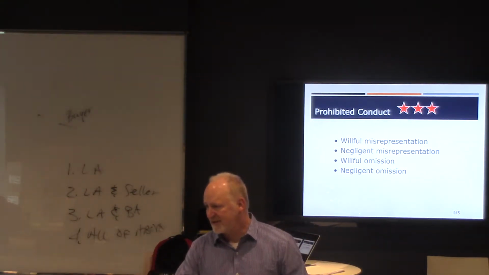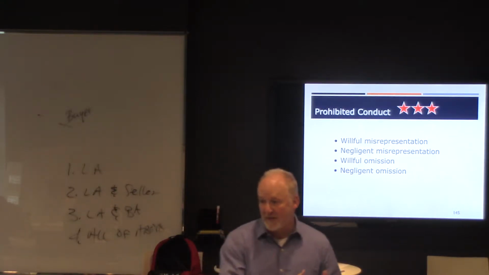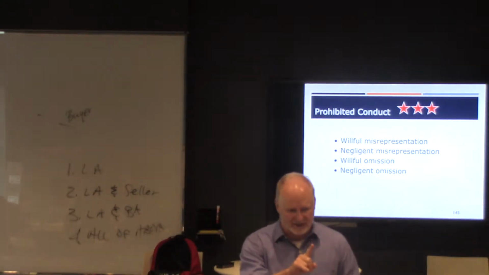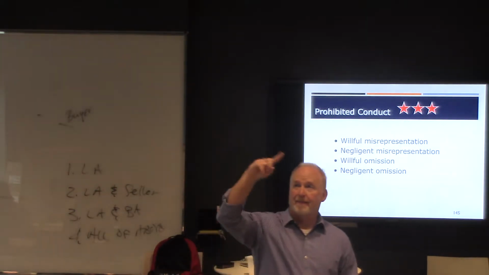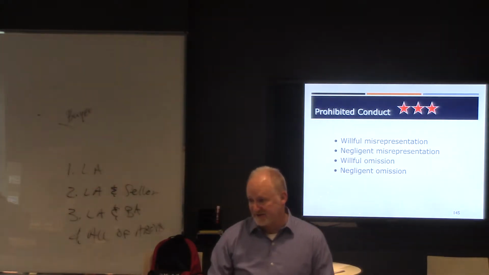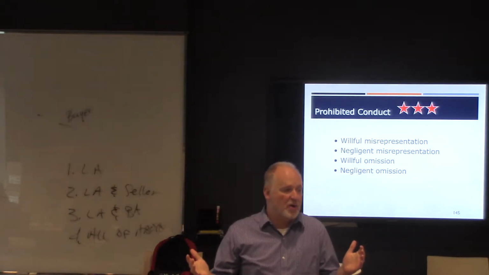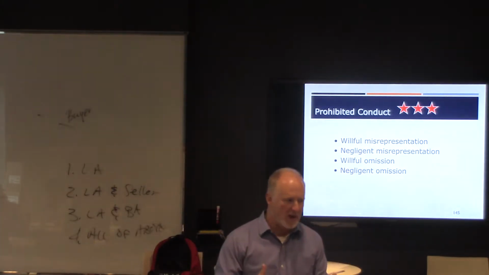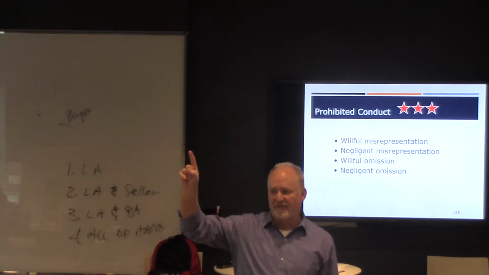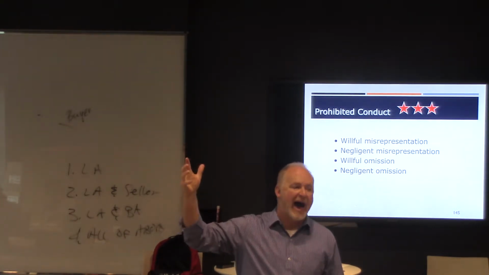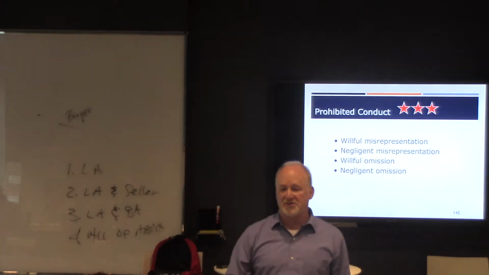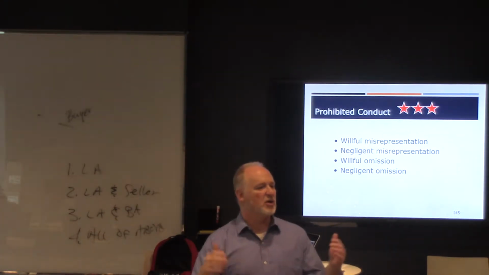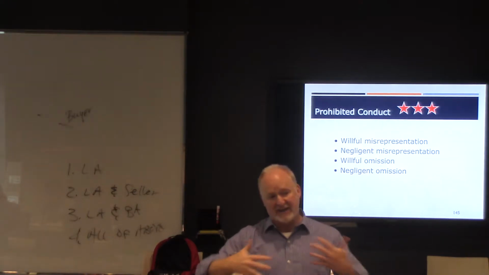Do you remember I said that agents are responsible for what they know or what they reasonably should have known? Okay? That water spot in the ceiling, I don't have to turn you into a roofer or a plumber to figure out that there's some type of water leak somewhere. I reasonably should have followed up on that. I walk into a house in February and it still has the utilities on and it's cold.